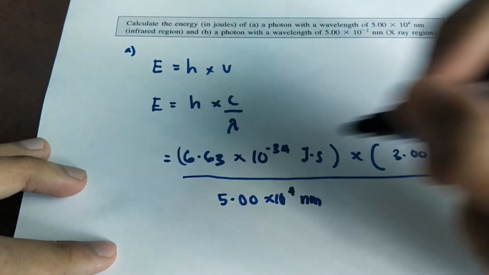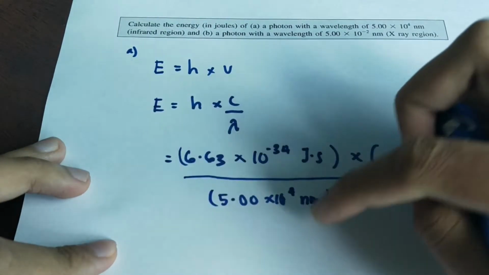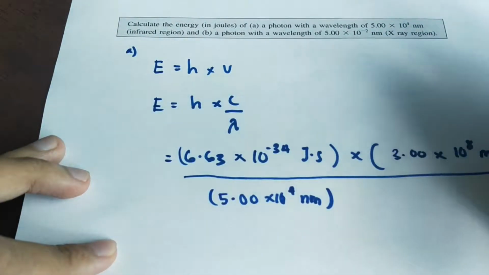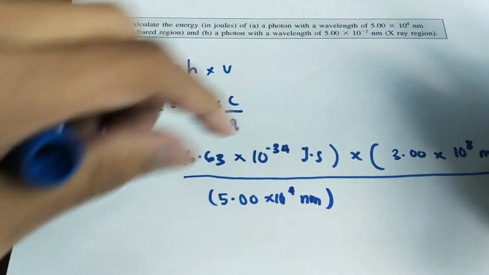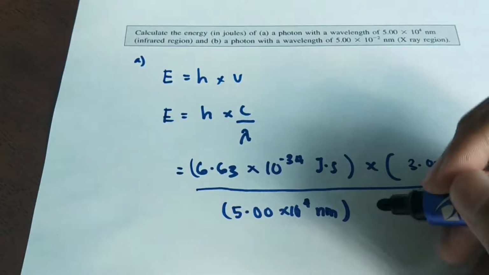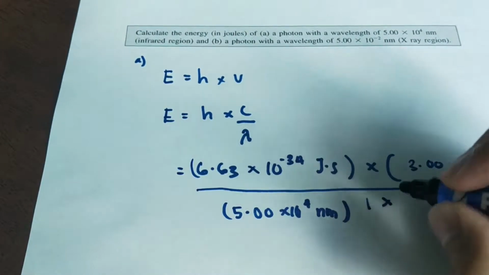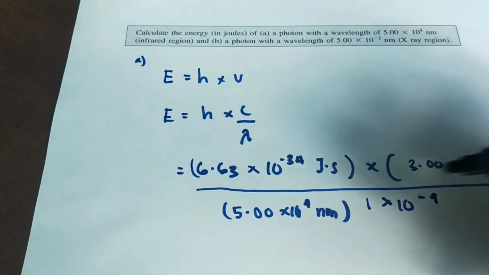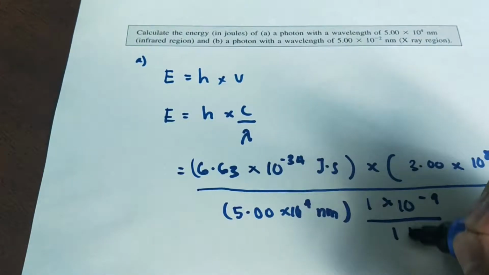So we want to cancel out Newton meter with meter and cancel s with s. So we change it to meter, 1 times 10 to the power of negative 9 over 1.